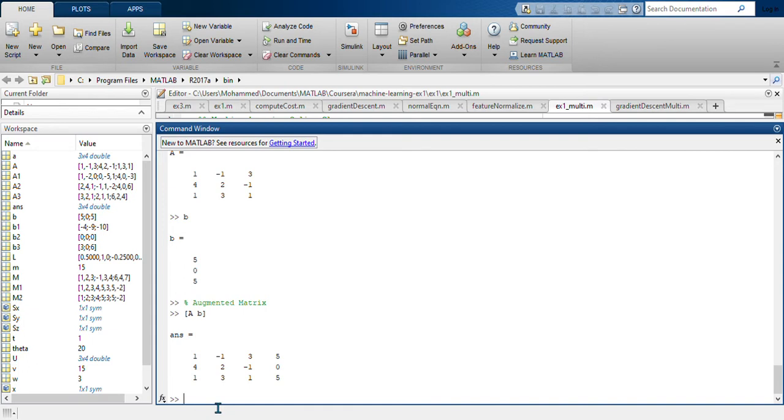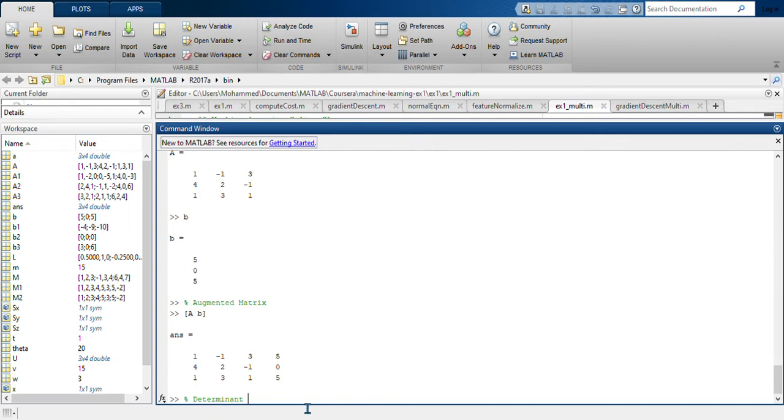Okay, now let's do a few basic MATLAB commands here. The first thing we need to check is whether the system of equations has a solution or not, and we did that by computing the determinant, right?